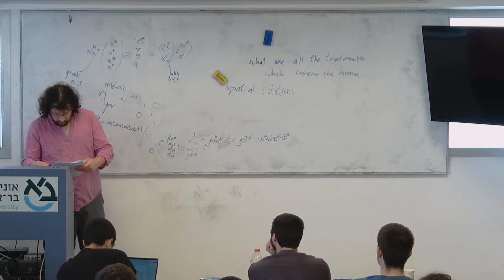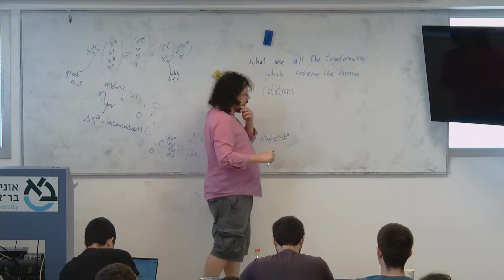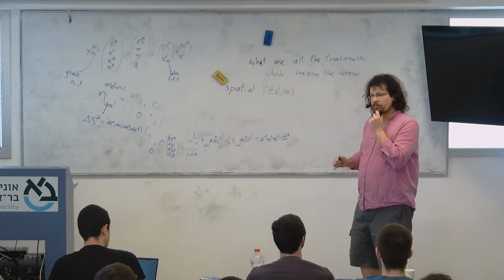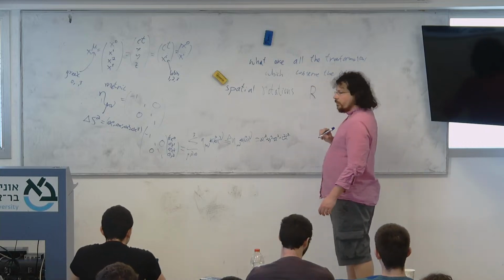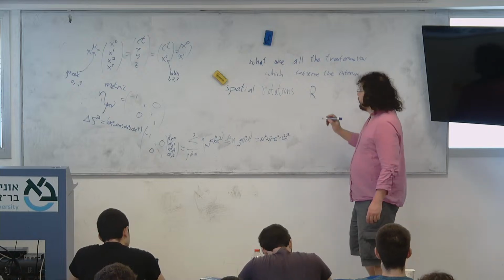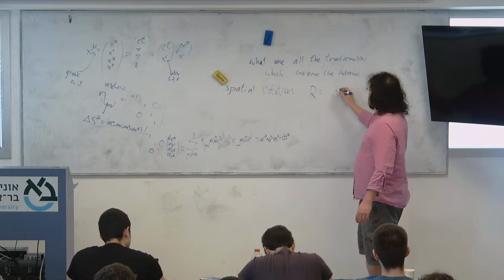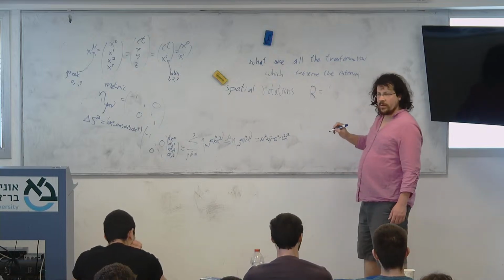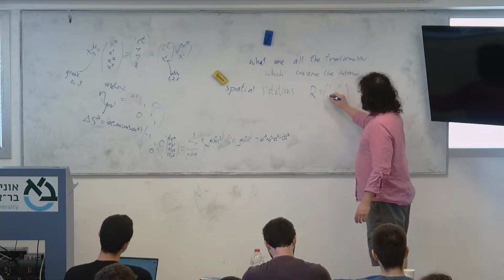Okay, let's call our rotations, what would be a good letter for them? Let's say R. Big R. These are matrices which will generally look like this: not changing anything in time, 0, 0.